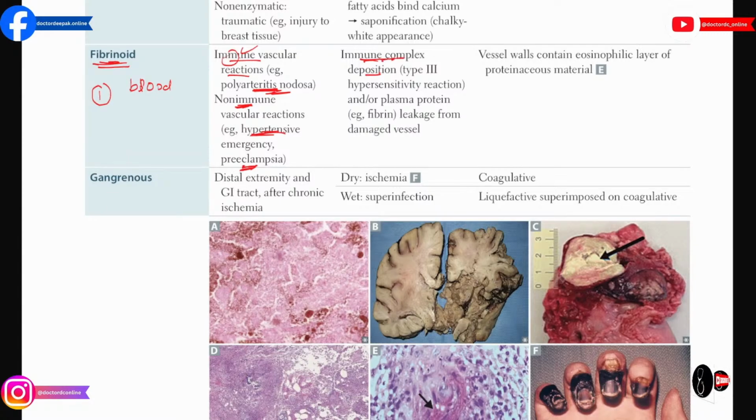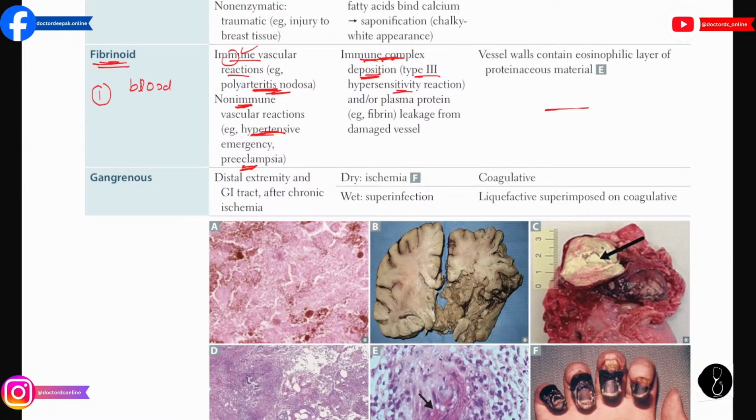Those are immune complex deposits, and it is a type of hypersensitivity reaction, so keep that in mind. And second, as I already mentioned, in fibrinoid necrosis your blood vessel gets damaged, and there is leakage of plasma protein into your vessel wall. And when the vessel wall gets this protein, it looks eosinophilic, because the fibrin is deposited on the vessel wall.